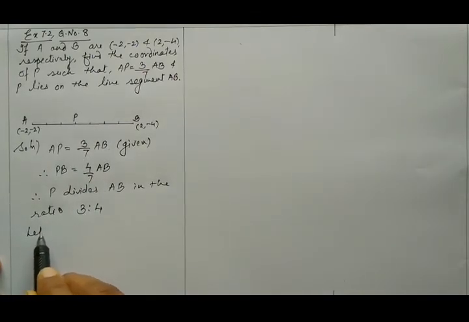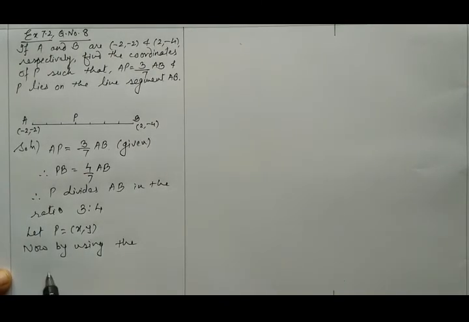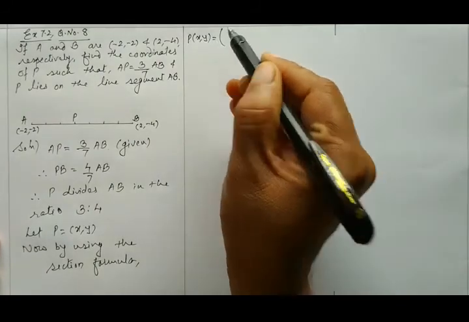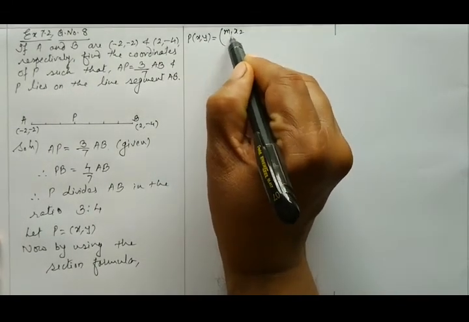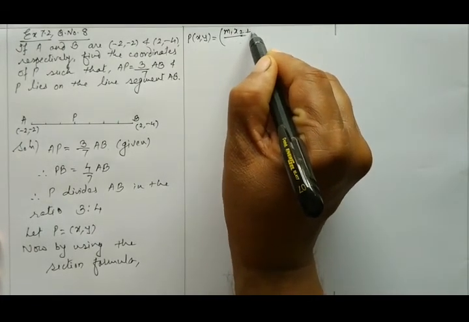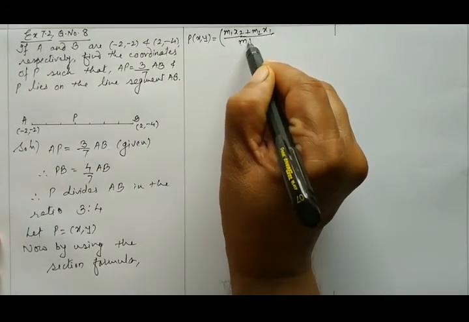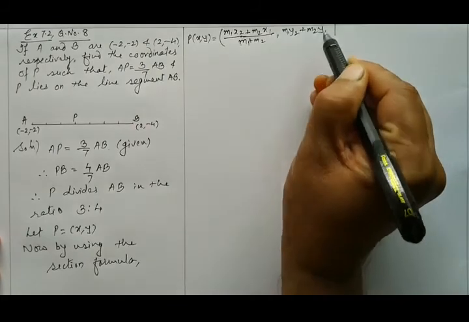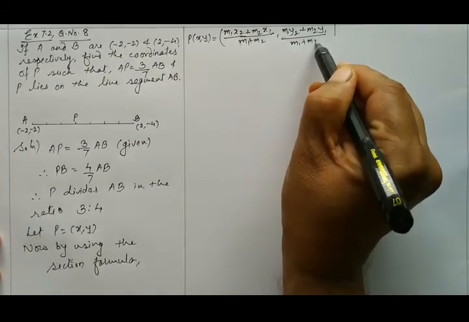Let P be x comma y. So by the section formula, P(x, y) is equal to (m1x2 plus m2x1 upon m1 plus m2, comma m1y2 plus m2y1 upon m1 plus m2).